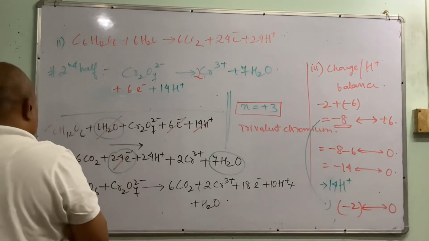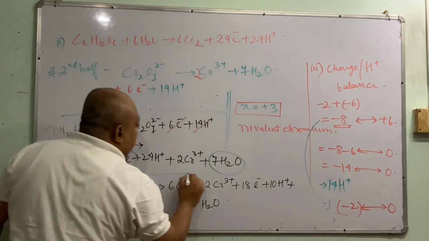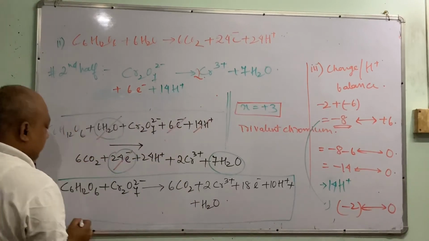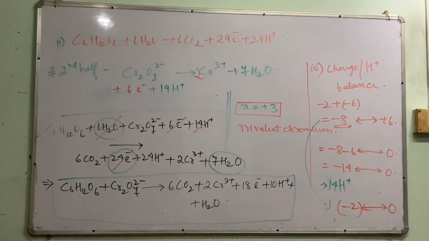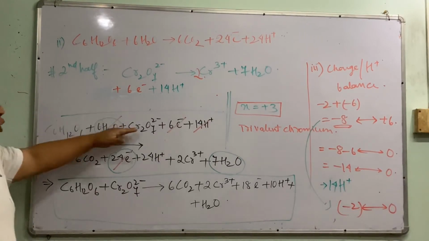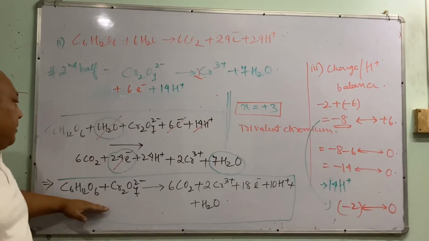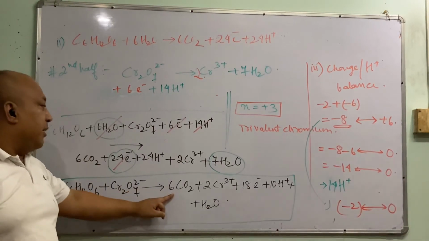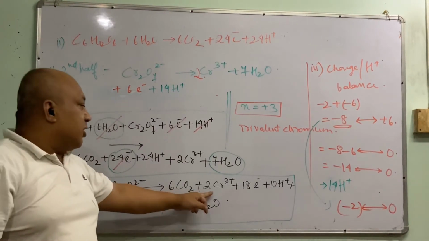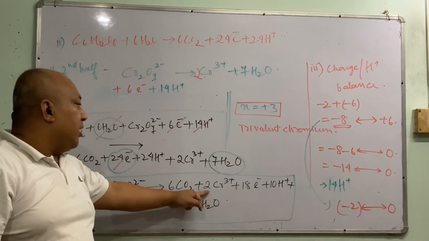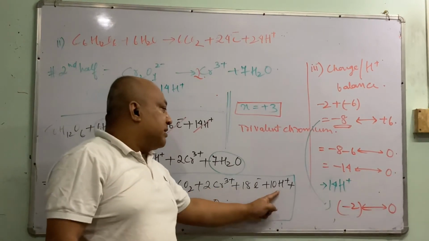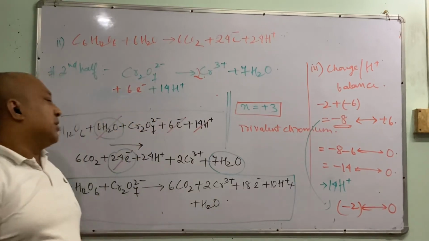So this is the final answer of the combined two half reactions. Is that okay? So glucose and dichromate ions, when they combine, give out 6 molecules of carbon dioxide plus 2 chromium 3 plus ions, plus 18 electron, plus 10 protons, plus a water molecule.